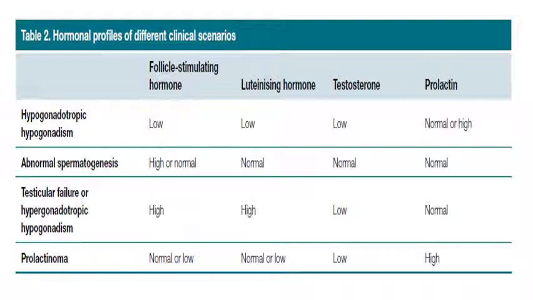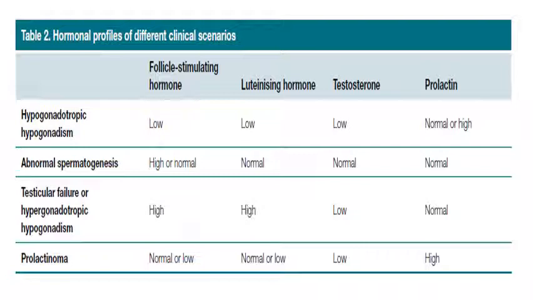There is abnormal spermatogenesis, where the maturation of germinal cells has an abnormality. Then there is testicular failure, where even though there are normal gonadotrophins, there is a failure at the testicular level.